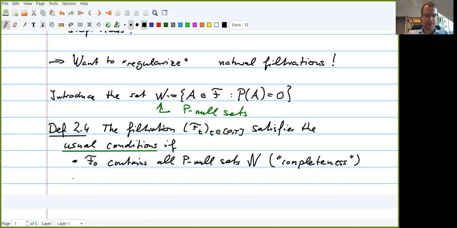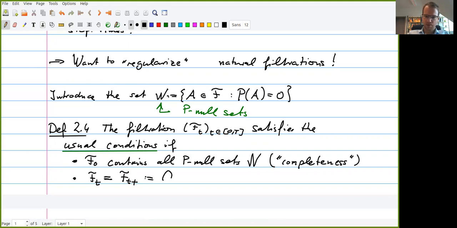Okay. And the second thing I would like to ensure is the right continuity, which is some regularity of the filtration. I want that the filtration at time t is equal to the filtration at time t plus. So what is F_{t+}?